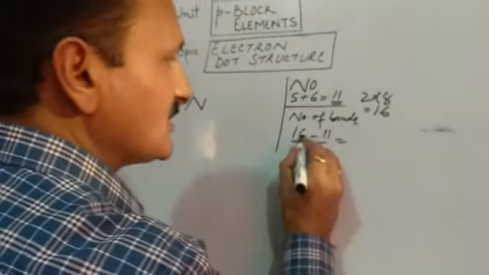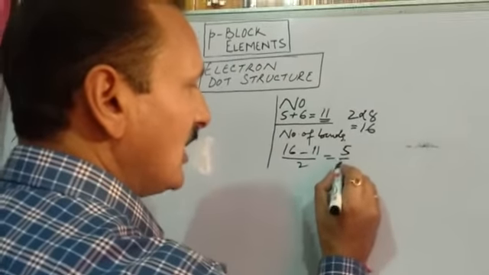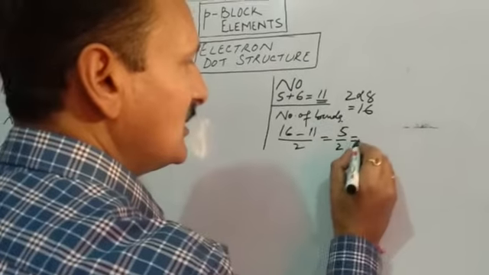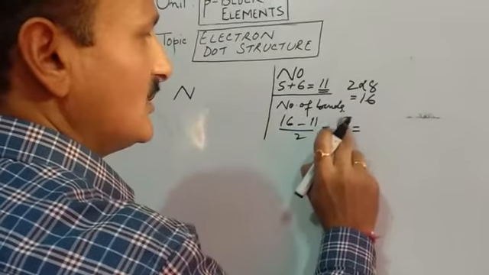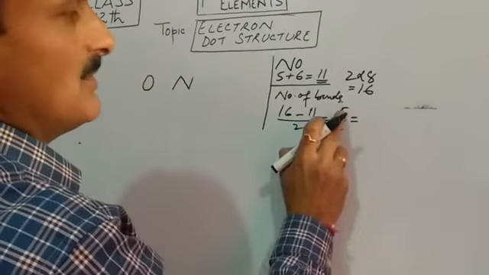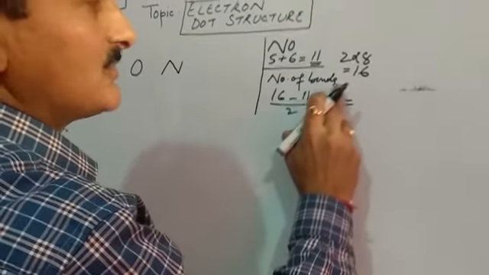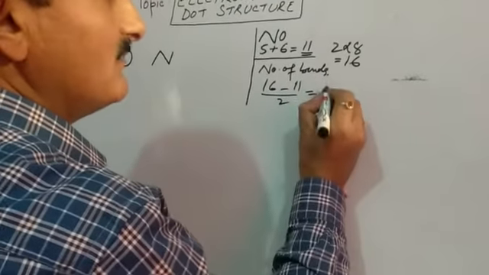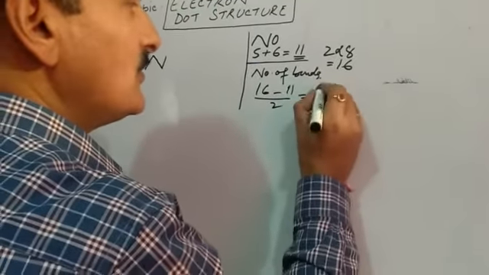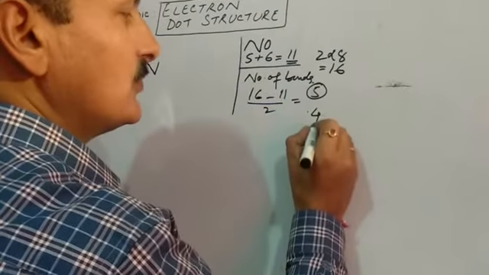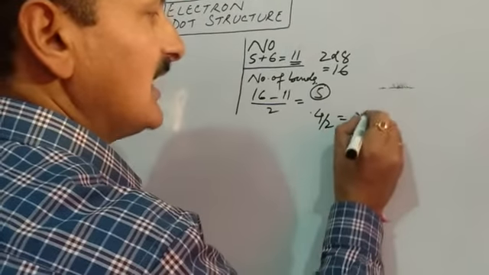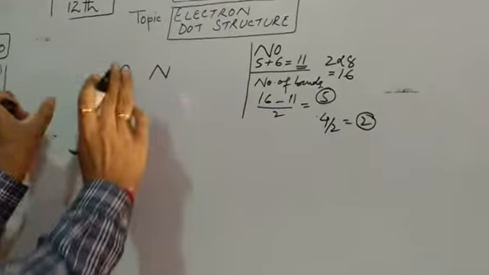So it will be 16 minus 11, that is 5, 5 upon 2. Now, since this is an odd number, we have to convert it into even. If this is 5, we will convert it into 4. 4 by 2, so we will have 2 bonds. So we will have a total of 2 bonds in it.